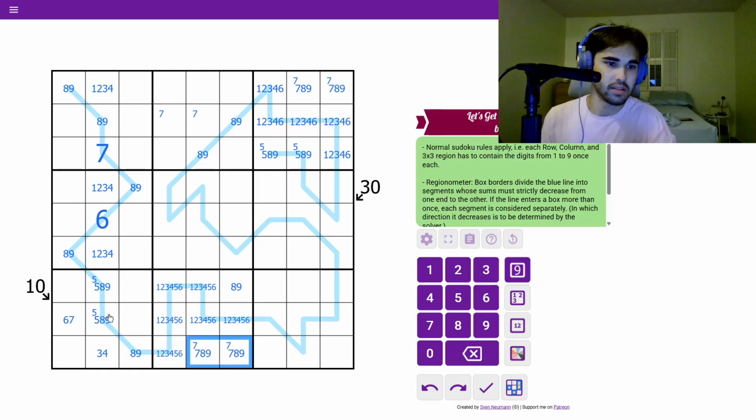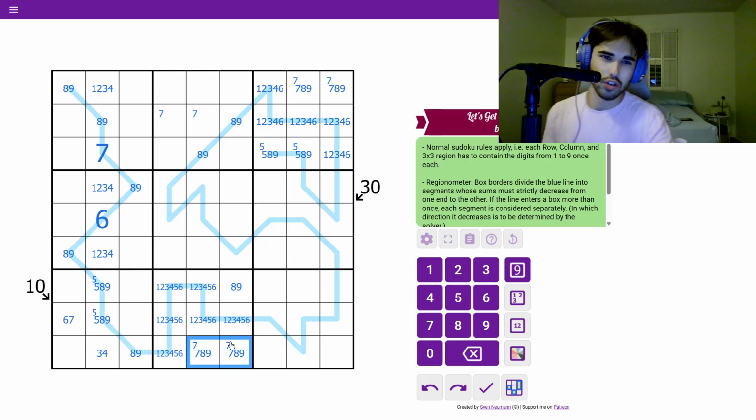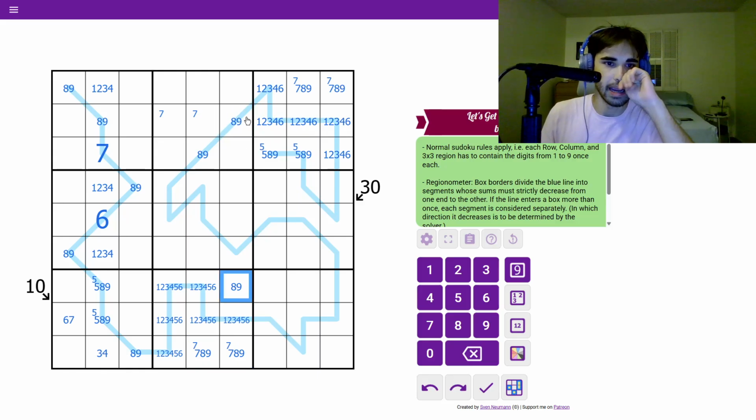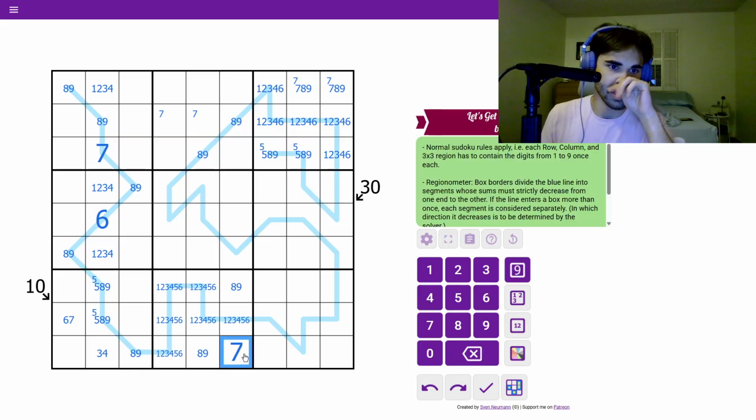So that means that 7s can't be in these. It's a marginal improvement, I guess. Oh, but that forces an 8, 9 pair in column 6, making that a 7. Oh, that's weird. Isn't that weird how that works? Alright, so that is a 7 now. Not sure how that helps me, though. The 8, 9 pairs are only going to do so much.